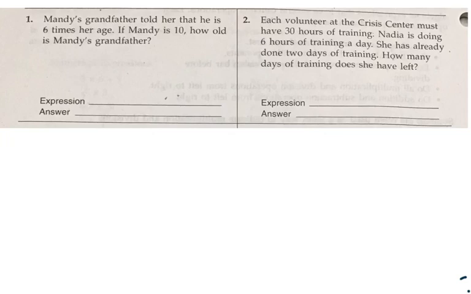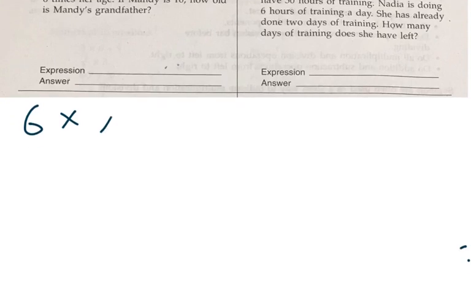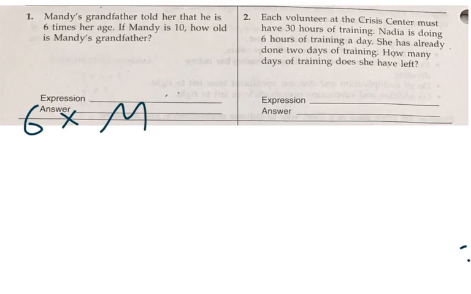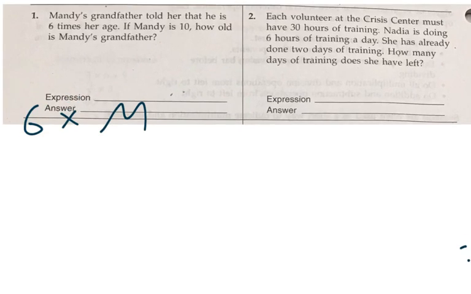So, if we didn't know Mandy's age, and the grandfather is 6 times Mandy's age, it would be 6 times, let's say we'll use the letter M for Mandy, 6 times M. But they tell us that Mandy is 10, so we're going to go 6 times 10, which gives us 60. So we know that Mandy's grandfather is 60 years old.